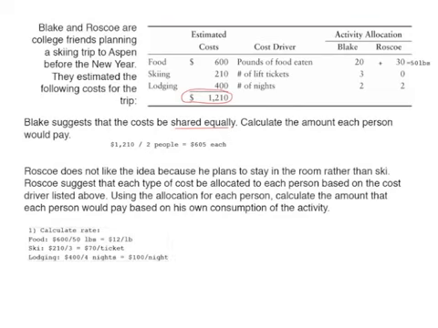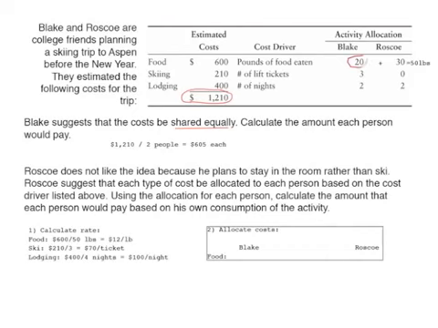The second step is to allocate the costs to each product. In this case, our product is people. So we have Blake and we have Roscoe. For food, if we go back up here, Blake is going to eat 20 pounds of food.